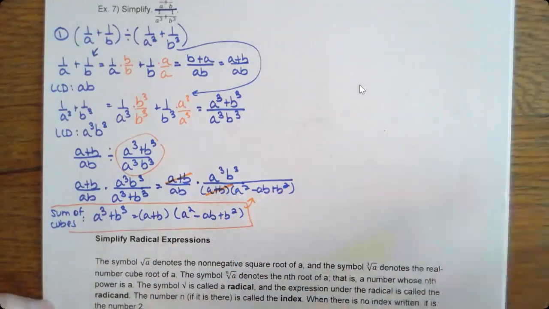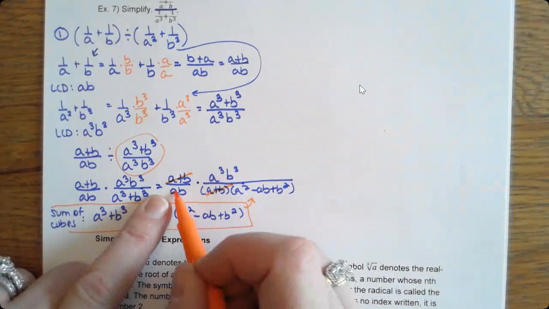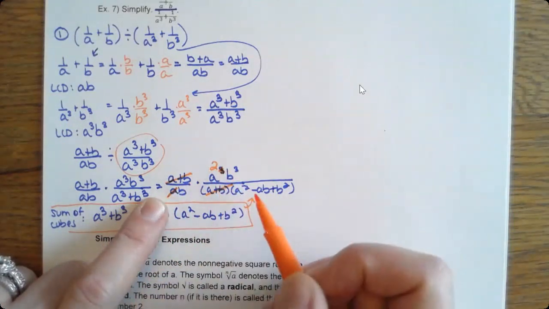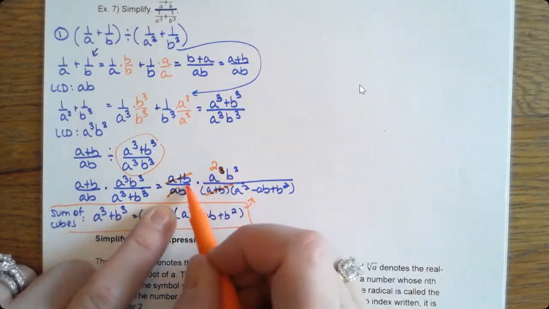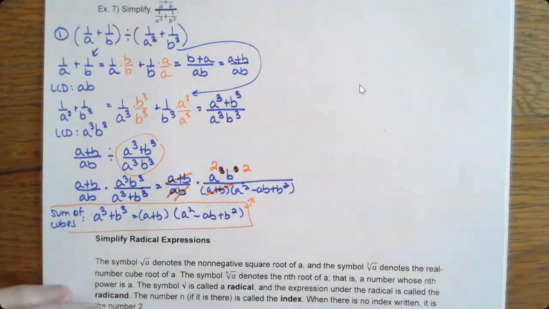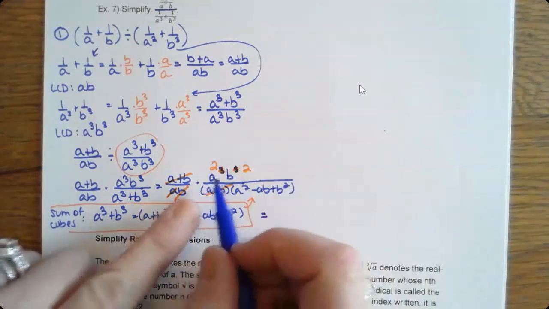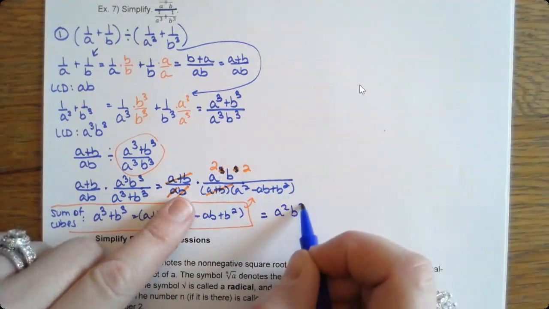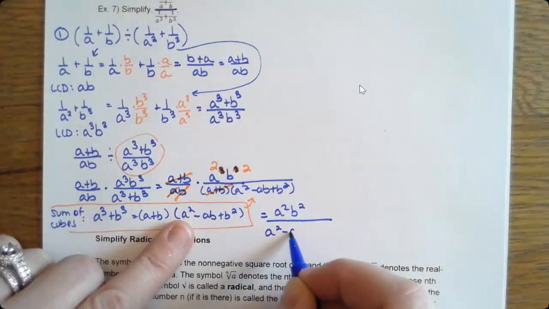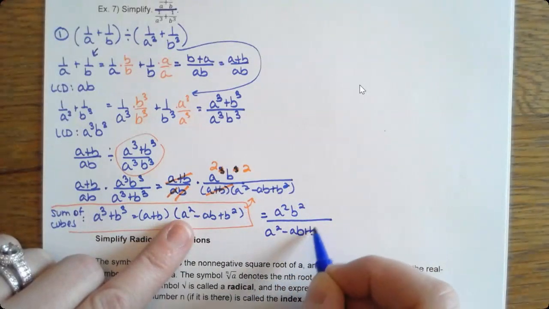Now the nice thing about this formula here is you cannot break it down any further. So you don't have to try factoring this anymore. I can do a little work here though. So I have an a and an a cubed. I can cancel out one a. That would be a squared up here. And I have a b and a b cubed. So I can cancel out one b and I would have b squared. So my final answer here then, I have a squared and b squared left in the numerator. And then in the denominator, I have a squared minus ab plus b squared.